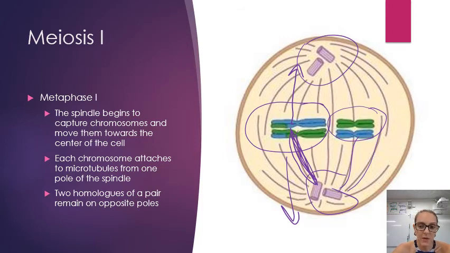In the second event, we pull apart the two sister chromatids. So in this part, we're going to have the microtubule attaching to the entire chromosome here at the centromere, and then as we'll see in anaphase, that's going to contract and move the chromosome in its entirety to each side.